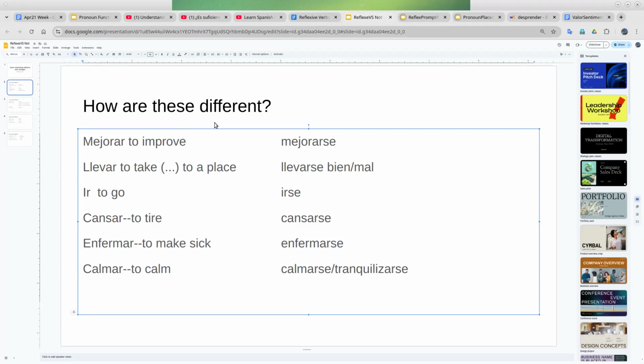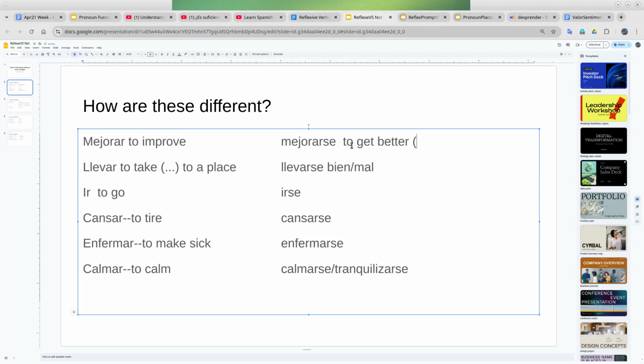Grades, the thing we call grades, his standing in the class, his achievement in the class. But we might have mejorarse, which could mean to improve yourself, but usually what mejorarse, turning it into reflexive, is going to mean is to get better.